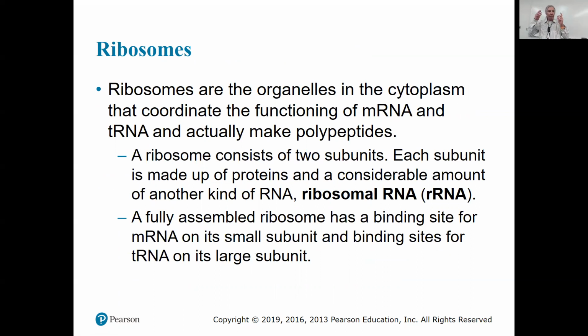So here was another type of RNA. We talked about a primary transcript, messenger RNA, tRNA, ribosomal RNA, and the ribosome, because that's a type of RNA also. So it's really like 5 different types of RNA we'll be talking about. A fully assembled ribosome has a binding site for mRNA on its small subunit and a binding site for tRNA on its large subunit.